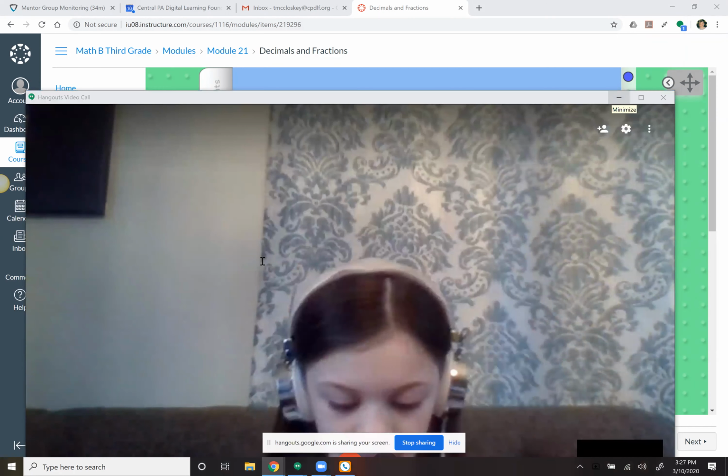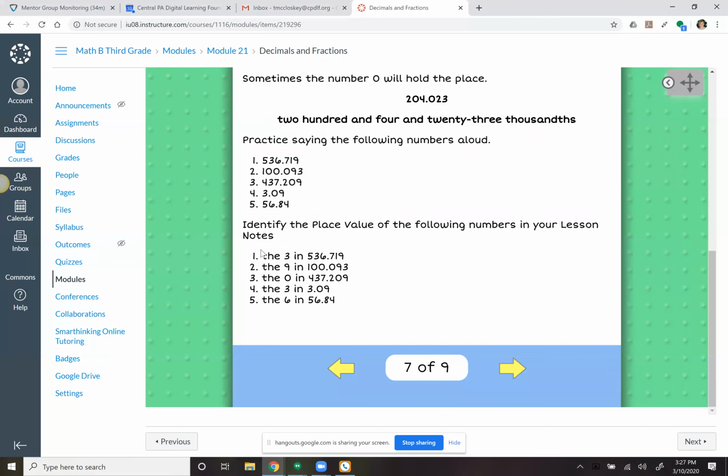All right, so I have this number here. I'm going to highlight it. Do you see it? 536 and 719 thousandths. Where is the 3 in that number?